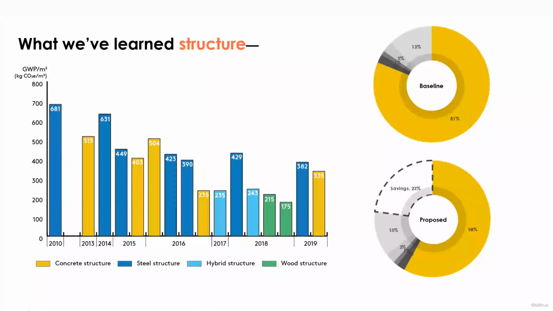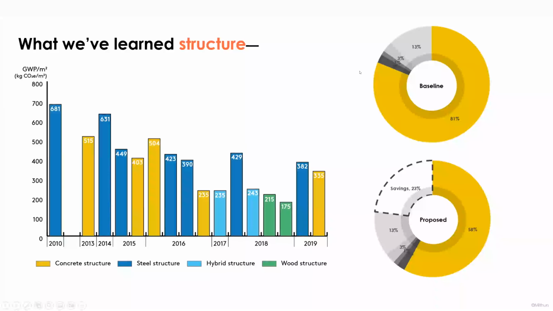And this has been a really valuable tool for us in determining what types of strategies have been really effective in reducing embodied carbon on projects, also to see progress, and also to identify carbon hotspots across our building typologies.